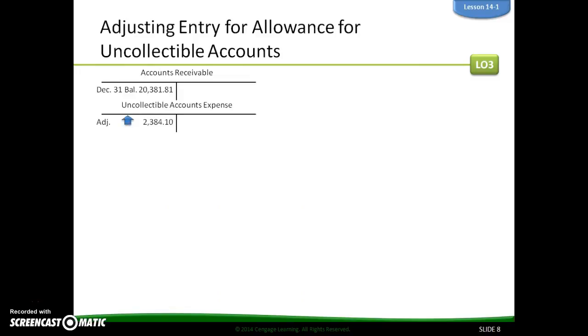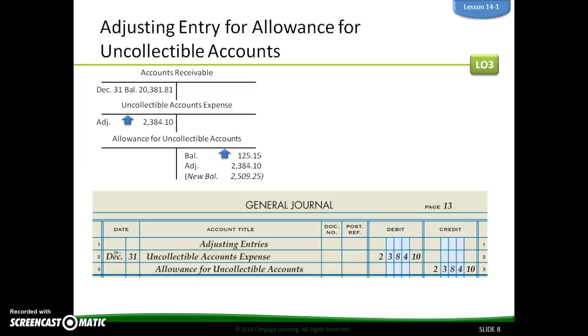So we're going to look at our accounts receivable, which is $20,381.81, and our uncollectible account expense is $2,384.10, and originally our balance was $125.15, so we're going to add that $2,384.10 so that our new balance is $2,509.25.